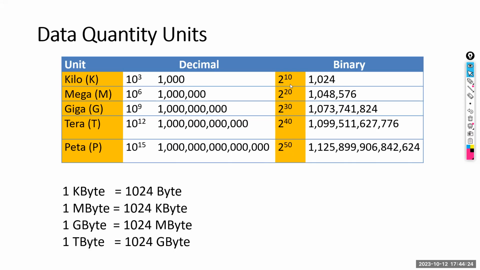Or 2 to the power 10 bytes is kilo, 2 to the power 10 kilo is mega, 2 to the power 10 mega is giga, 2 to the power 10 giga is tera, 2 to the power 10 tera is peta. That is why every time it is incremented by 10, because when you multiply, indices add. So then you have nothing to worry about. You know the reason, you know the mechanism, you know why.